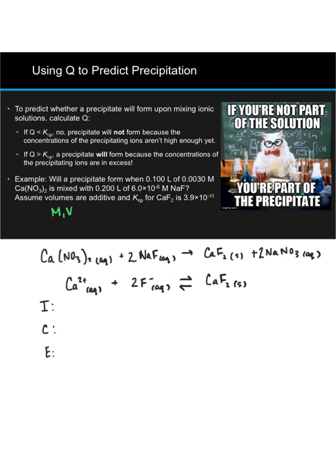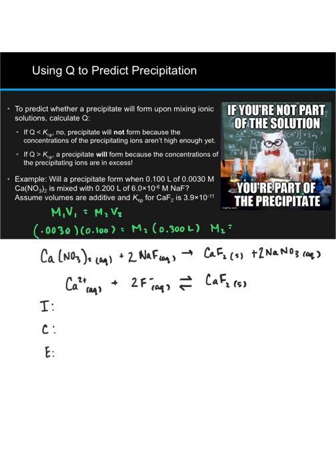The dilution equation, M1V1 equals M2V2, says that if we know our initial concentration of calcium and our initial volume of calcium, we can calculate its new concentration after we dilute it to some final volume. The final volume we've diluted to results from a mixture of 0.1 liter with 0.2 liters. We're going to assume that volumes are additive so that we have 0.3 liters of total solution at the end.